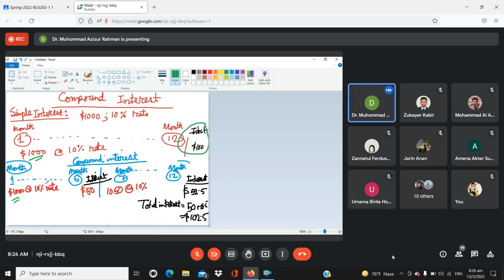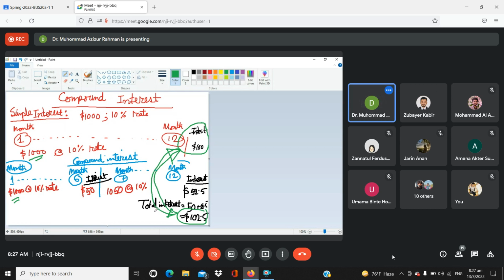But instead of calculating one whole year, you are calculating here 2 times. So you found that your total interest is 102.5. So your interest is higher actually here.